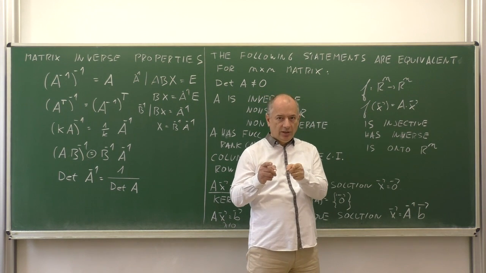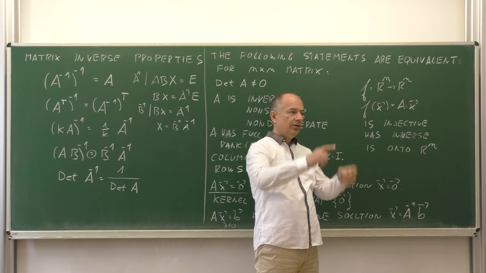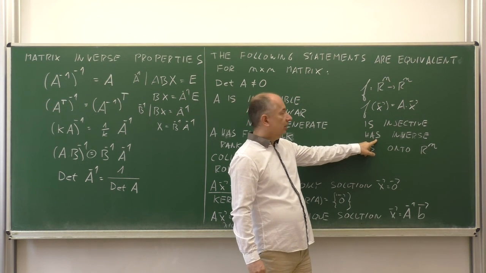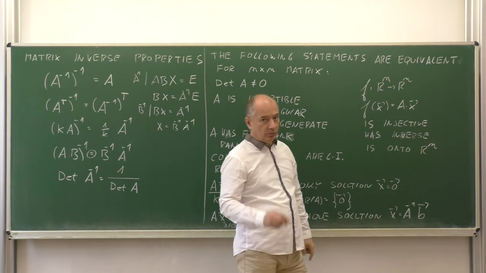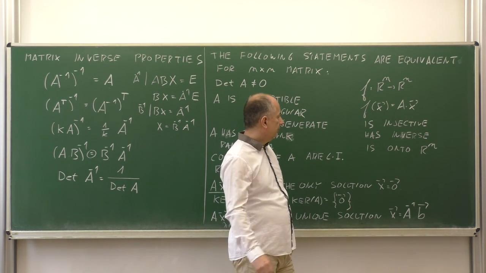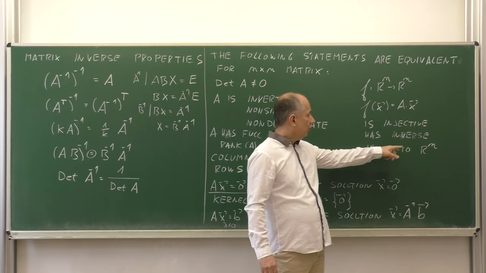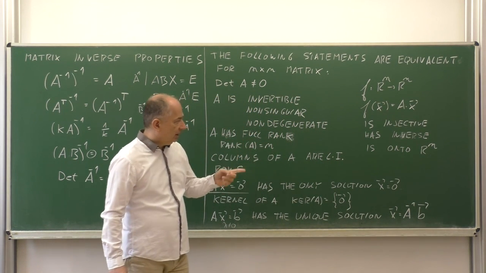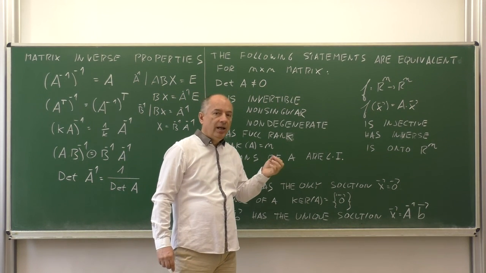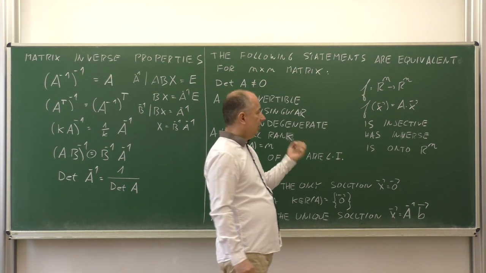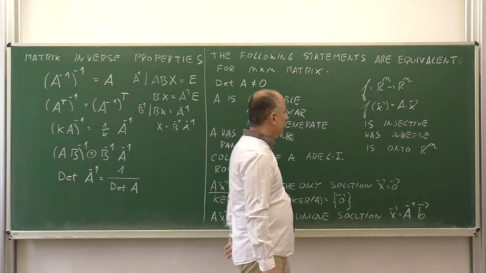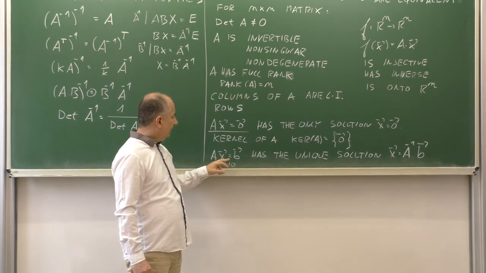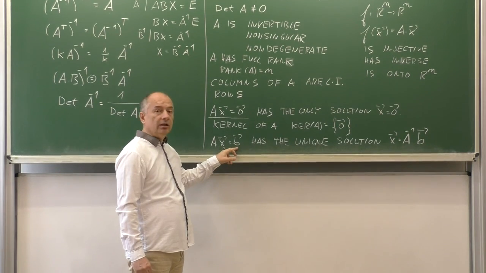That means different arguments result in different results. That means the map has an inverse, which is described by the inverse matrix. And the map is onto Rn. That means every vector in Rn can be attained by a good x, which is equivalent to saying that this equation has a solution for any vector B.